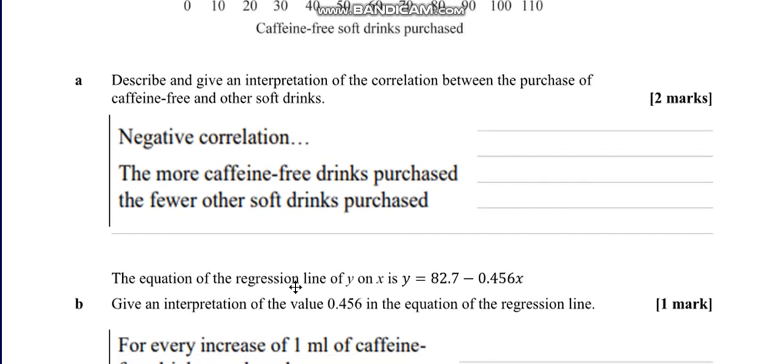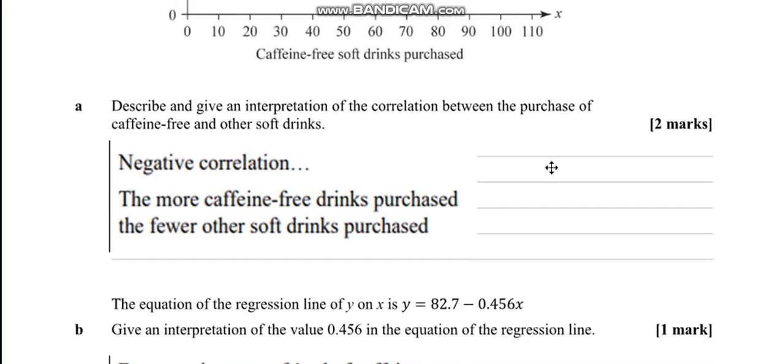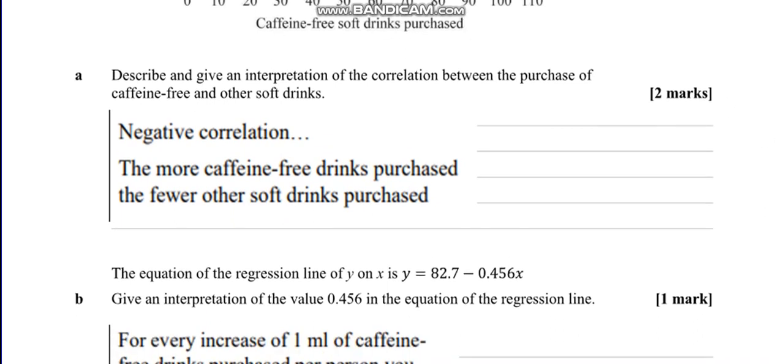You're then given this regression line of y on x, and you're asked to explain what 0.56 means in this context. So remember, the number in front of the x is the gradient, and gradient means for every 1 unit across, it's how many units up or down we're going. So going across, we're looking at millilitres of caffeine-free drinks sold.